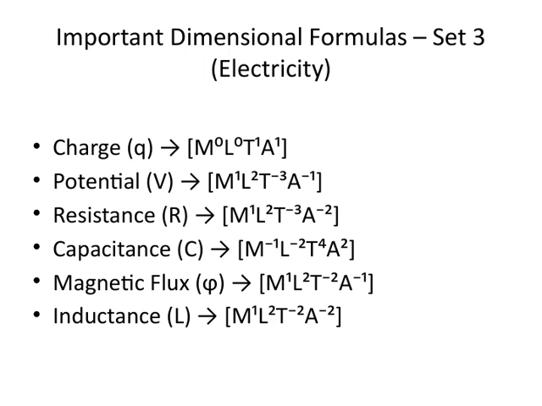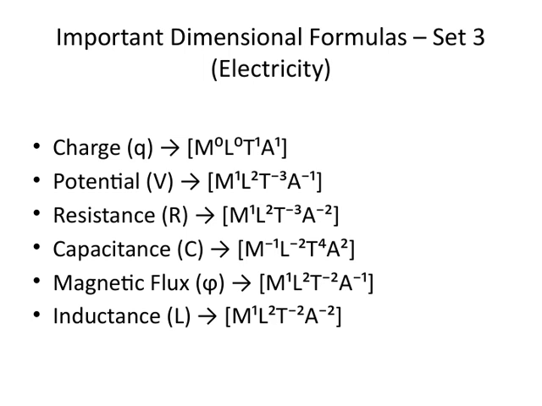Now, capacitance, C, is expressed as M-1L-2T4A2. Capacitance measures how much charge a capacitor can store per unit voltage, and its dimensional formula reflects that inverse relationship with mass and length, but a quadratic relationship with current. Then, magnetic flux, phi, has the dimensional formula M1L2T-2A-1.